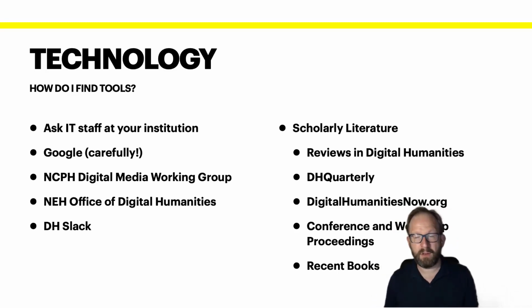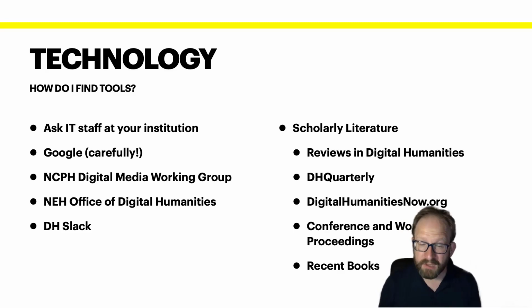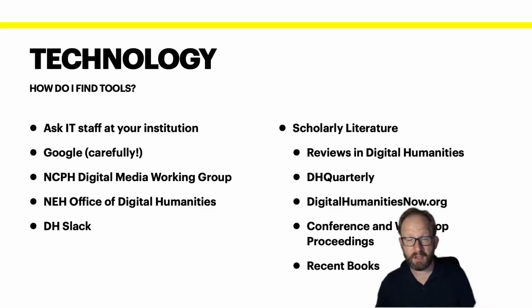Or you can rely on professional organizations like the National Council on Public History's Digital Media Working Group, which has recommendations. You can look at projects that have been funded through the National Endowment for the Humanities Office of Digital Humanities. You can refer to community resources such as the DH Slack. The other place to look, of course, is through scholarly literature and scholarly networks.